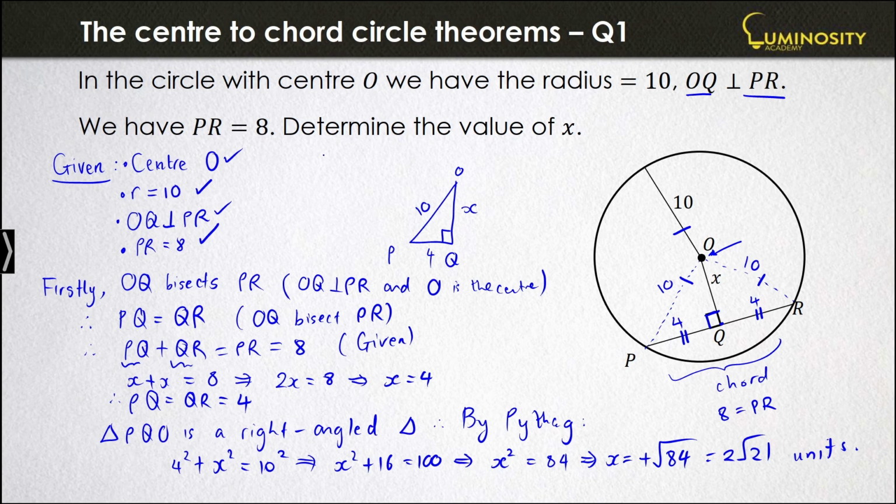Some texts will often give you what they call the tabular method of proof writing, and that is you give your claim here and you give your reasoning here. So for example, if you wanted to say that PQ equals QR, that would be your claim, and then your reasoning is that OQ bisects PR, as an example.